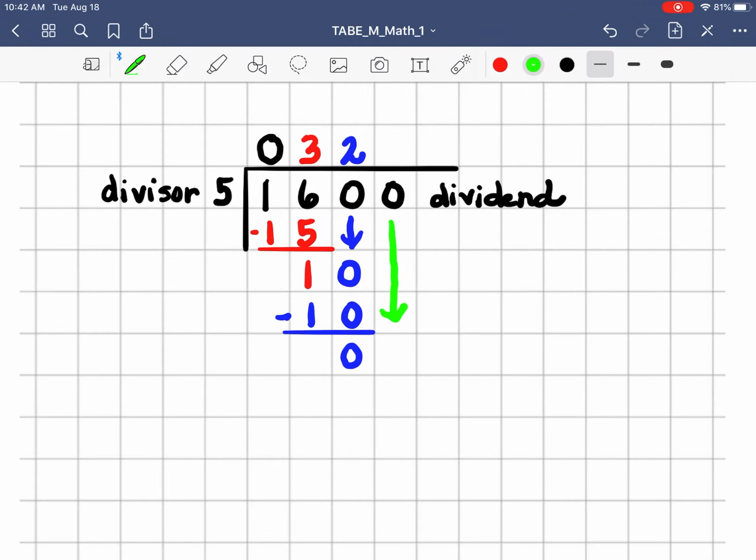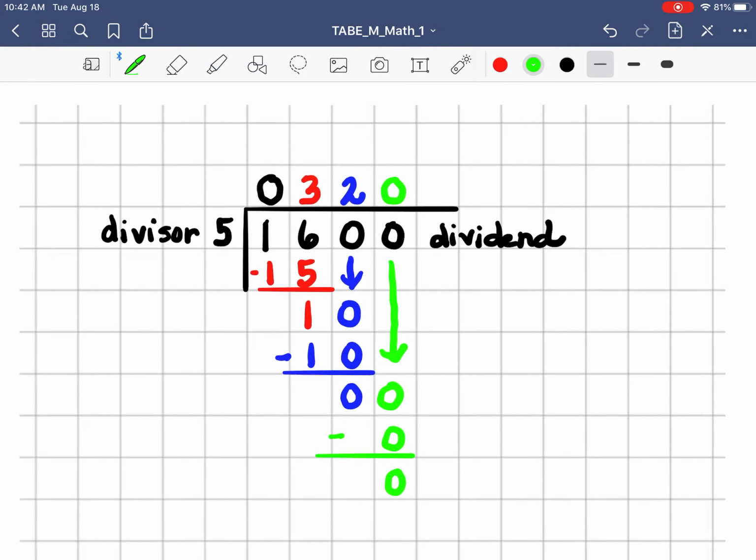And I encourage you to draw those arrows, and that will keep everything lined up the way it needs to be. 5 into 0 will not go, but I still need to put that up there. We have to use that 0. And of course, there would be nothing left over. So we say that this answer divides evenly. So the quotient here is 320.